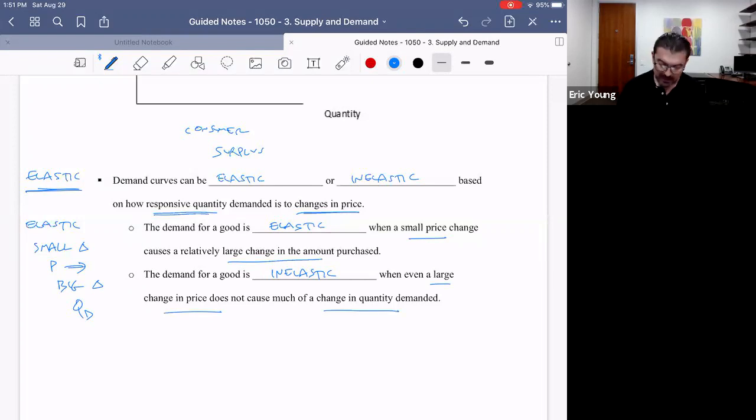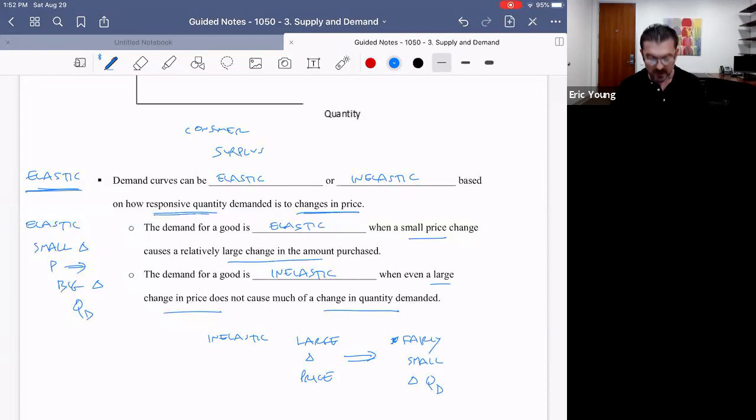So a curve would be considered inelastic when a large change in price yields a, we'll call this a fairly small change in QD. In other words, it's not responsive.